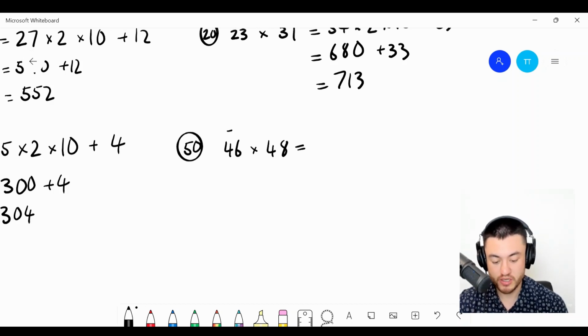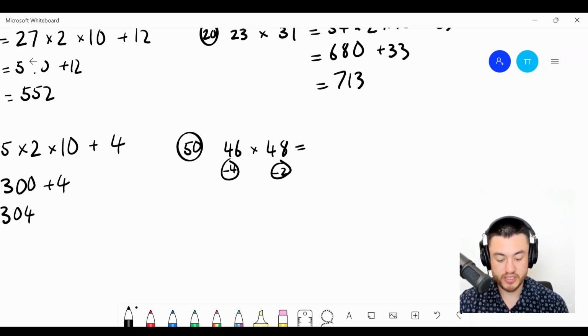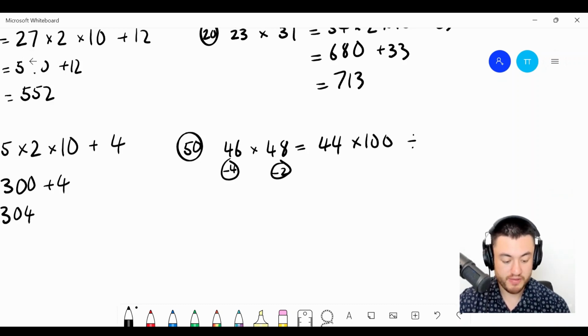So like before, I should be doing this below. So we have minus 4 and minus 2. So let's subtract diagonally and we get 44. And we're going to multiply by 100, halve that. And then we're going to add 2 times 4, which is 8.